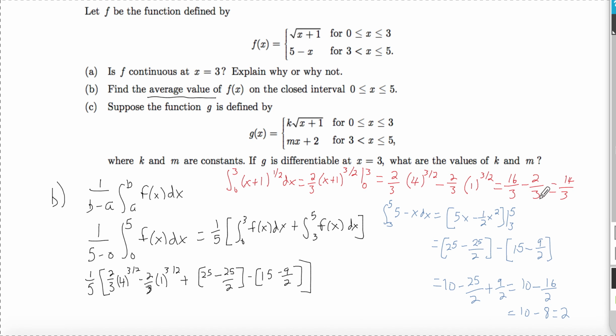If you are going to boil it all down and use the simplified stuff we did, you would have 1/5. We found that'd be 1/5 of 14/3 plus 2, which I'll call 6/3, which is going to give us, when I do 4 plus 6, 1/5 of 20/3.